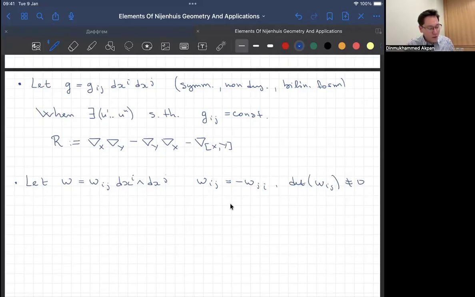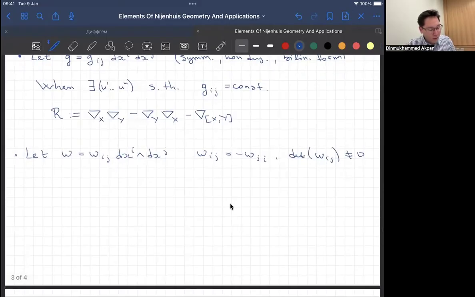It's the Darboux theorem, which says: if and only if this form is closed. A closed non-degenerate skew-symmetric form is called a symplectic form, a symplectic structure. So a symplectic structure can always be brought to the constant form. And this is the condition when we ask the question: for some tensor field, can we bring it to the constant form?